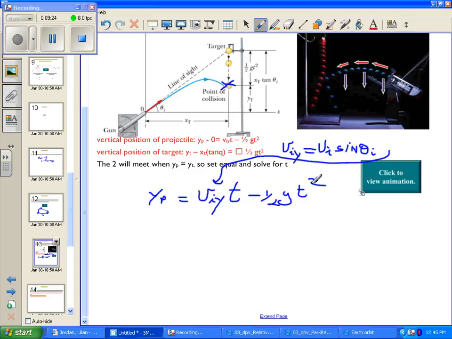Okay, for the monkey, our target, we've got its position yt, which is located here, t for target, minus its initial position. Now its initial position would be xt tangent of theta initial, and you can see that because xt is the horizontal range that the projectile makes, or in other words, the horizontal distance from the monkey to the projectile, and that is adjacent to the angle.